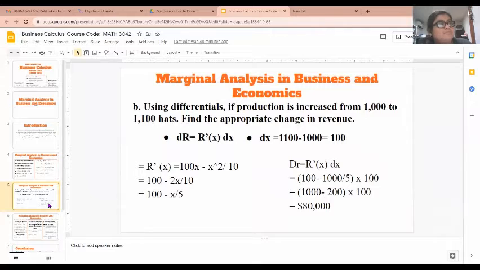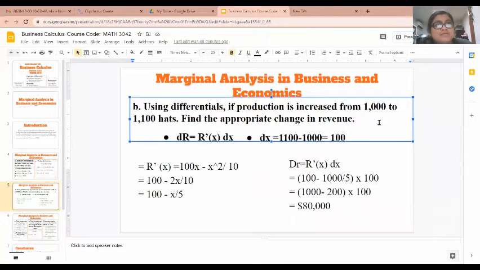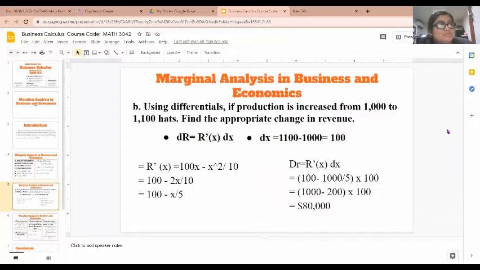For B, using differentials, if production is increased from 1,000 to 1,100 hats, find the appropriate change in revenue. Okay, so dR equals R prime of x times dx. dx is simply the change in production for this problem.